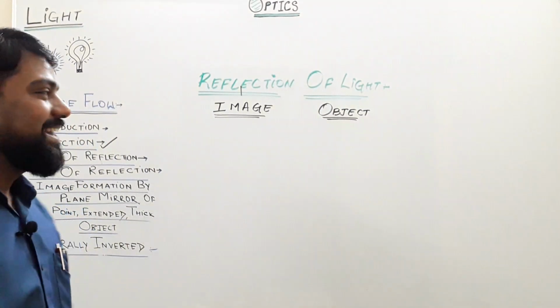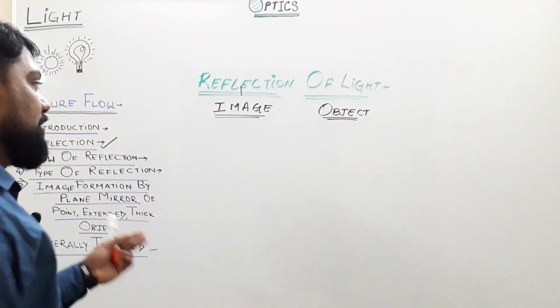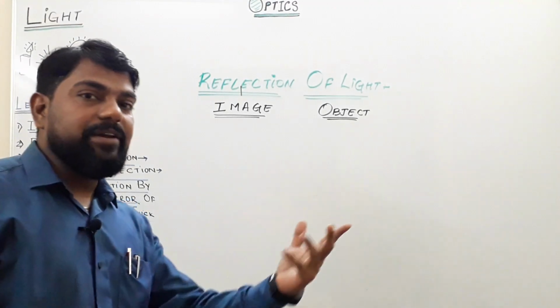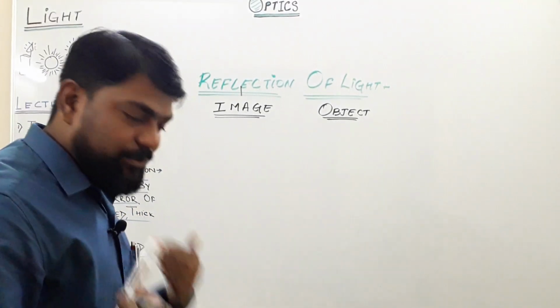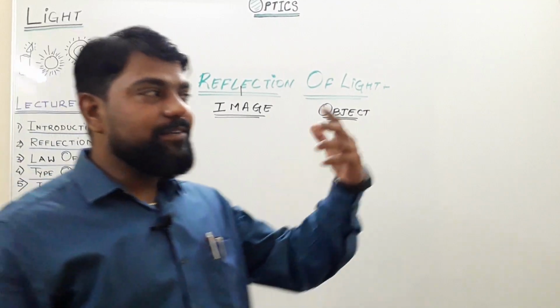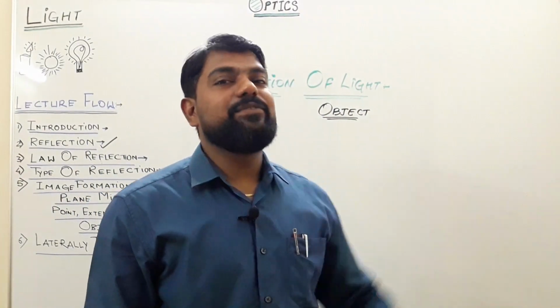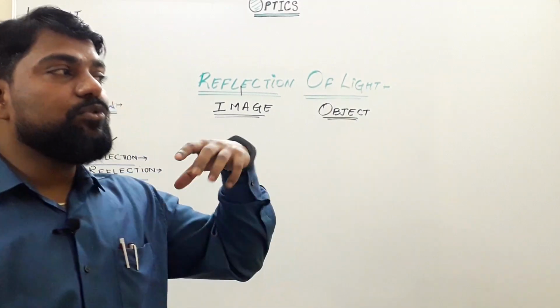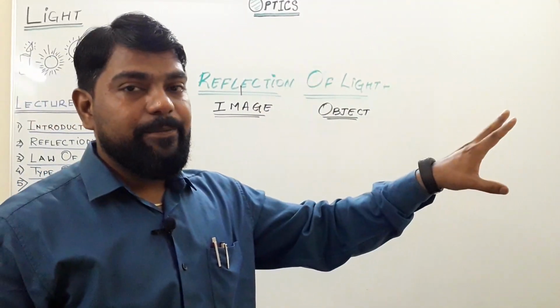It's a very common thing. Image means, whenever we see ourselves in a mirror, we are supposed to be an object, and whatever we are seeing in the mirror, that is the image.